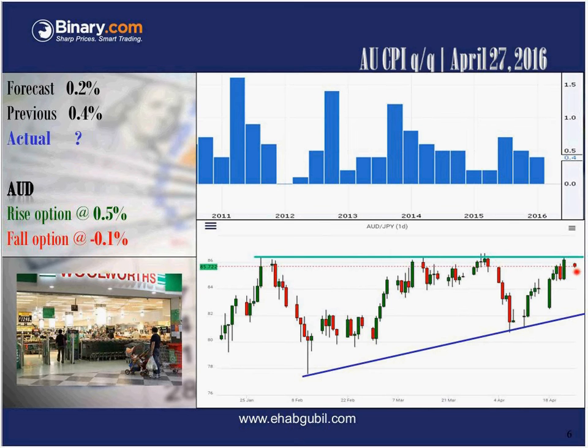But what if we get 0.5% or higher, or minus 0.1% or less, and the market did not react? The market did not make the 30 pips or more of instant reaction after the news release.